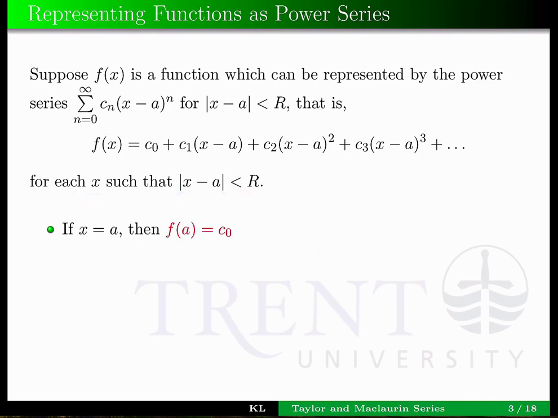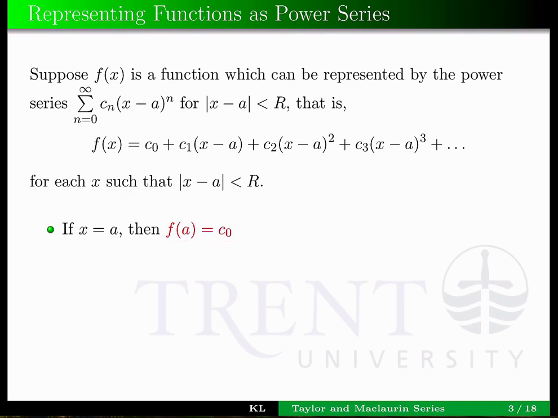Now, if we let x equal a, then all of the terms that have x minus a in them will become 0, and therefore we only have f of a equals c0.